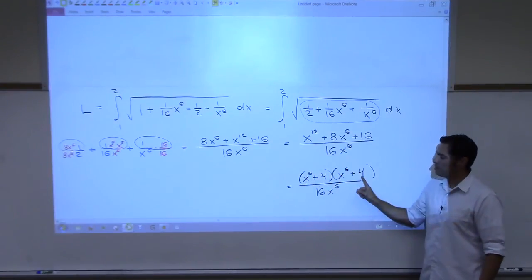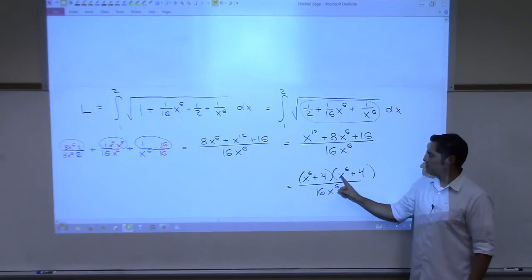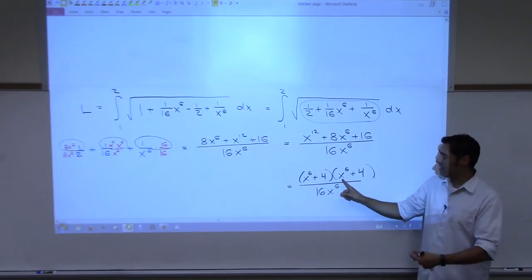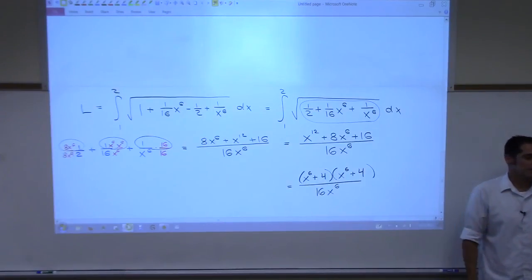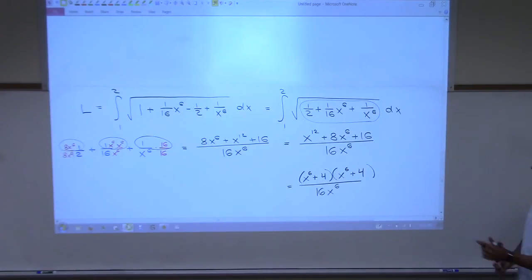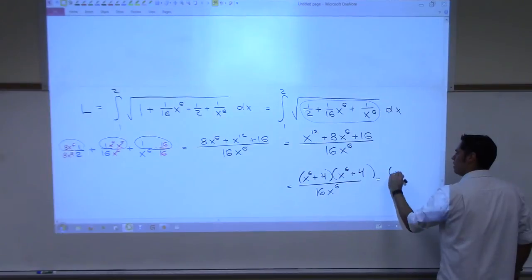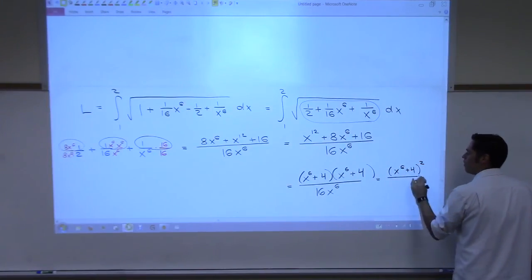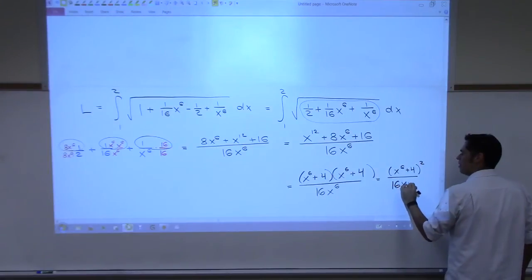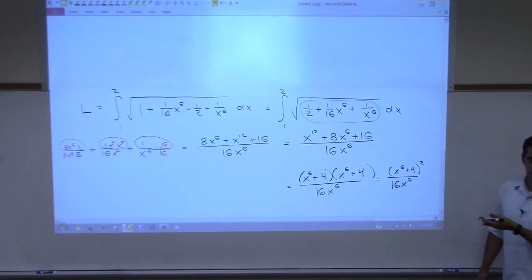This times this, 4x to the 6th. This times this, 4x to the 6th again. That gives you 8 of them. 4 times 4 is 16. Agree with that? And then this is x to the 6th plus 4 squared over 16x to the 6th. Laura, I know that's not what you did, but it's the same. It's going to give us the same thing at the end.